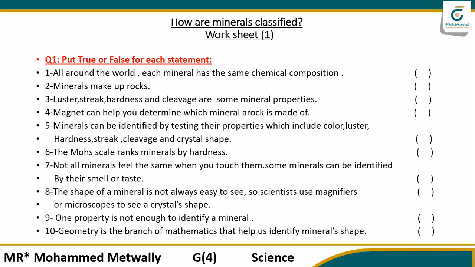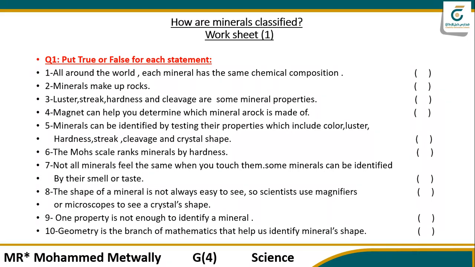Point number 9 here. One property is not enough to identify a mineral. Yes, like we said, that's true, because each mineral has many properties to be identified. Number 10 and the last point here in our assessment. Geometry is the branch of mathematics that helps us identify mineral shape.